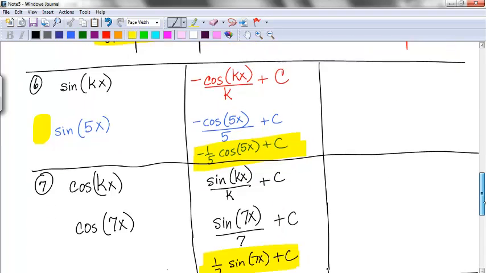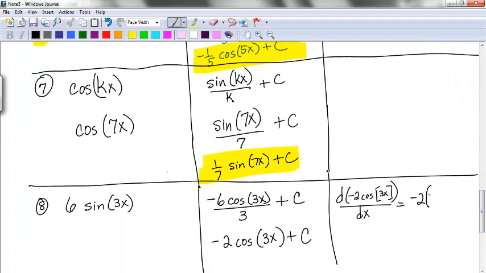So it would be negative sine of 3x, and then it's times the derivative of that angle. The derivative of the angle would be 3. So you multiply. Negative times a negative is a positive. 2 times 3 would be 6 sine of 3x. Okay, that's a little bit on examples.